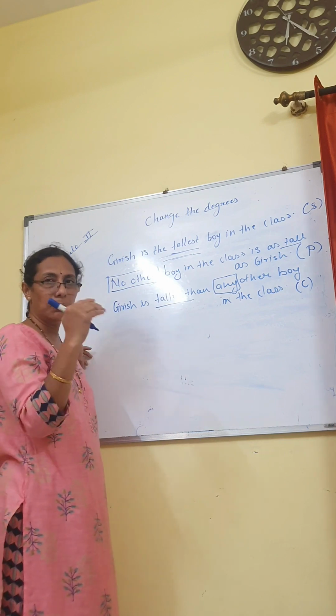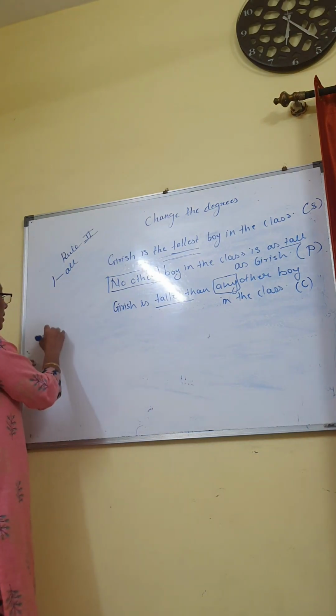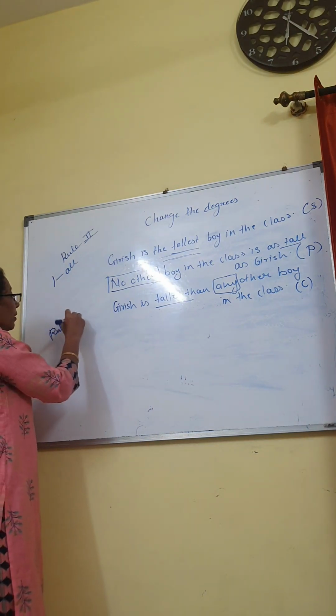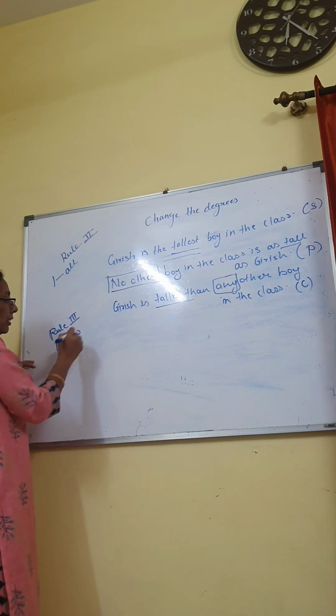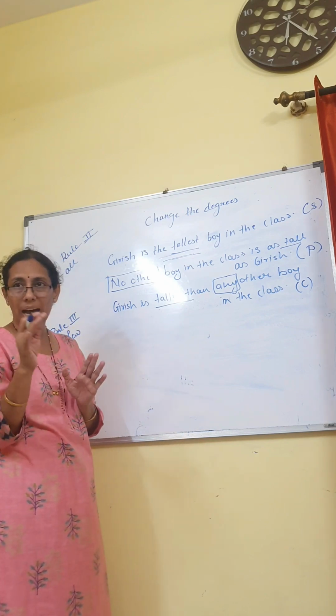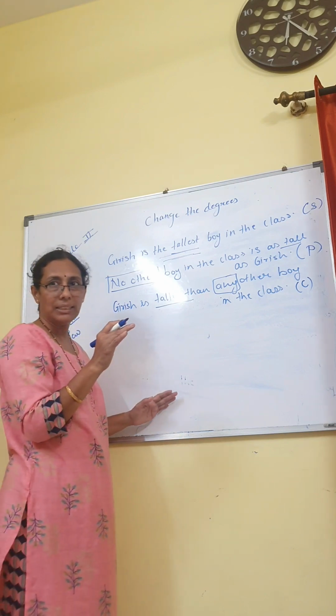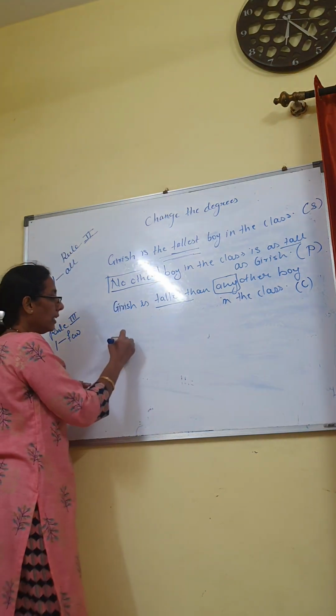Now immediately I'll explain rule number 3, which will make your idea clear. Now in rule number 3, there is comparison 1:few. So there are few students in the class who are as tall as Girish. Okay, so let us see.